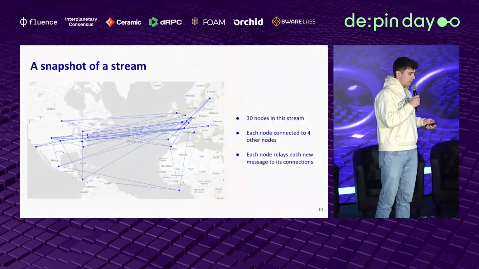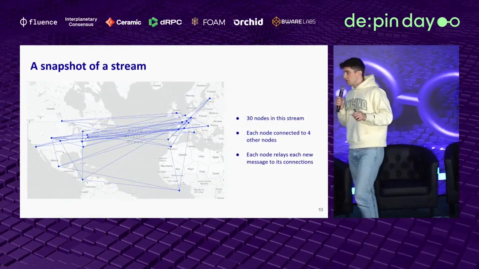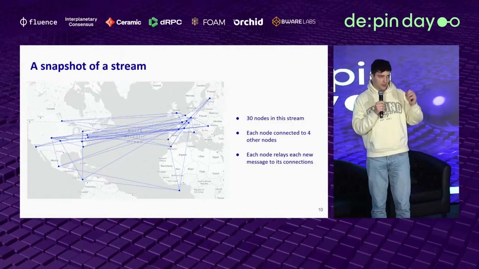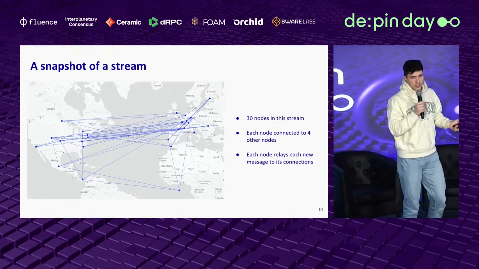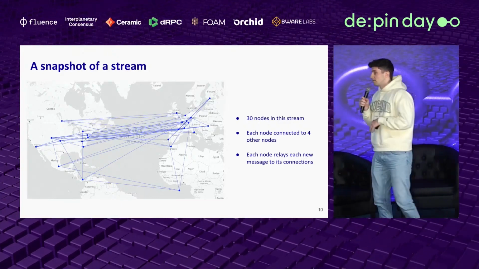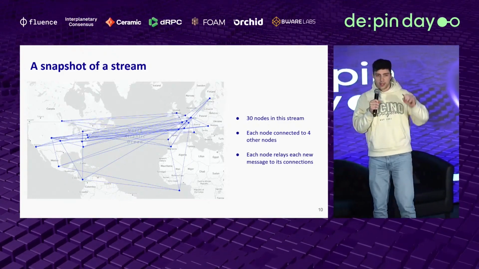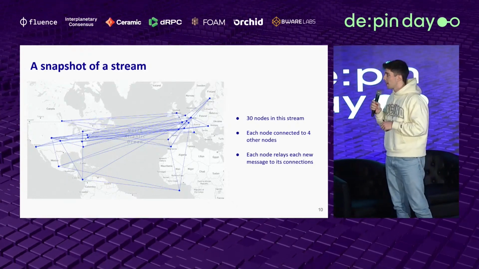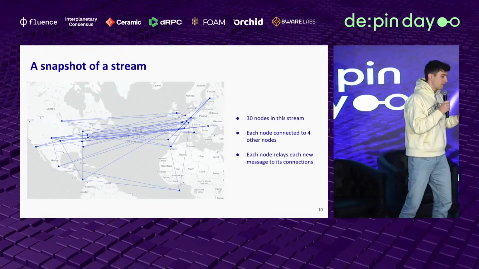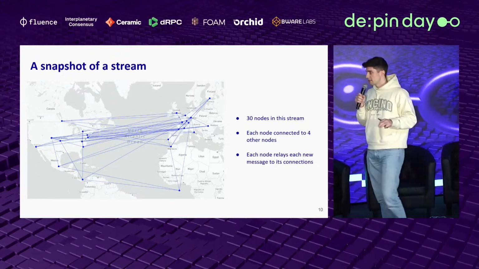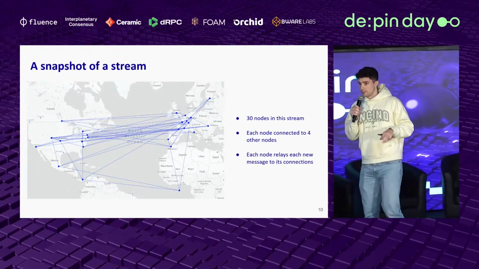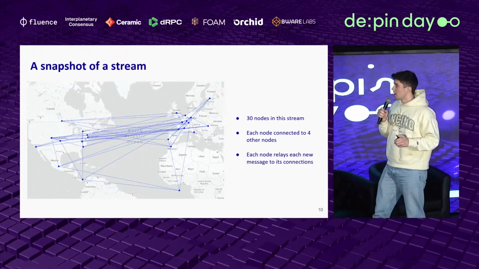Okay. Here we have a snapshot of a stream. Each stream, for example a weather data stream, is its own topology. Topology is just a fancy word for node constellation, how the nodes are connected with each other. In the Streamr network, let's assume this would be a group chat, I think this is a very easy example, with 30 participants in the network.